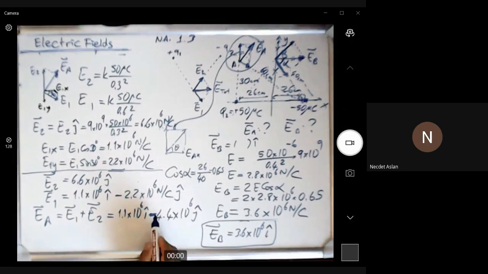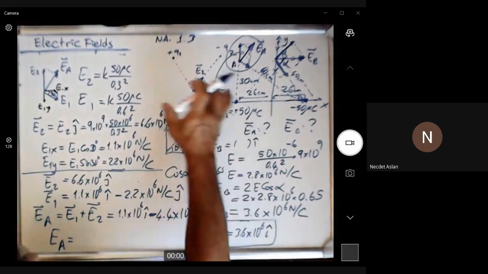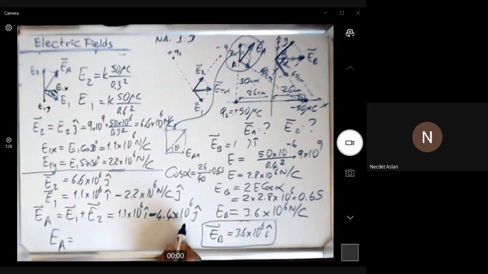Now, what about the magnitude of this? How can I find EA? How long is it? It's found by the square root of 1.1 squared plus 4.4 squared. Of course, you get this result times 10 to the 6. You should never forget this 10 to the 6.